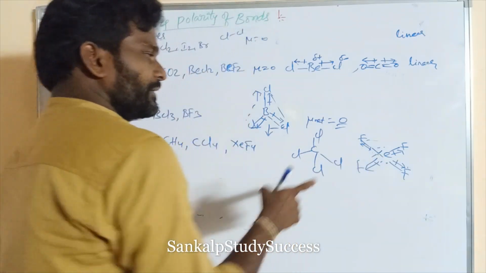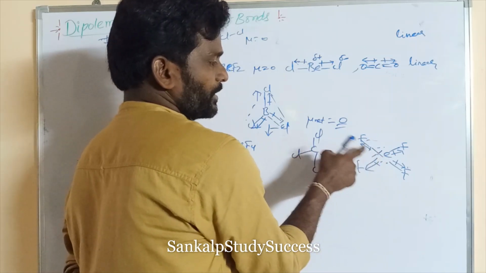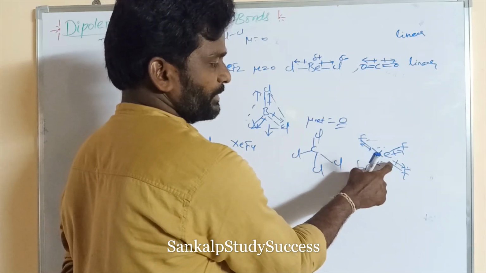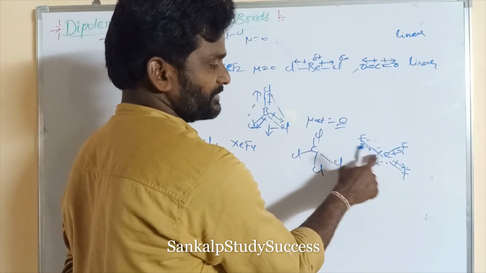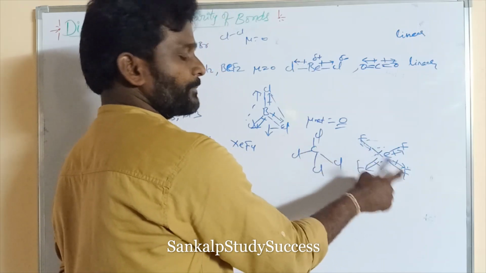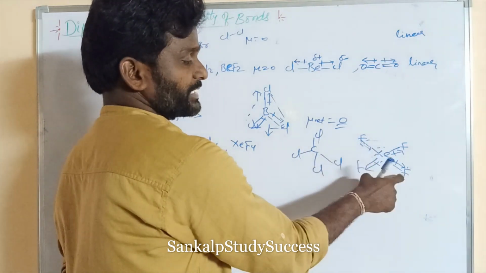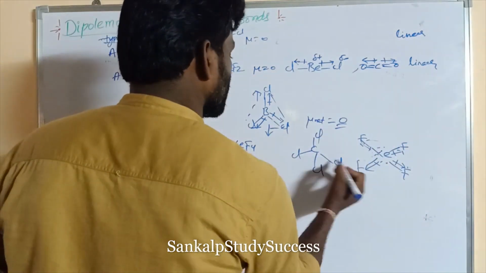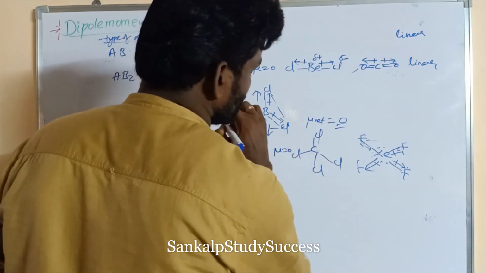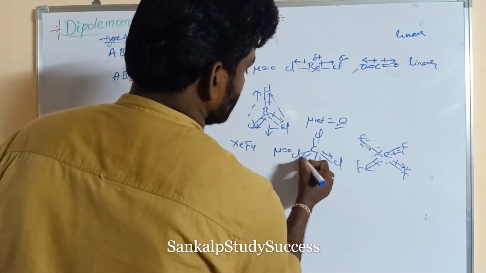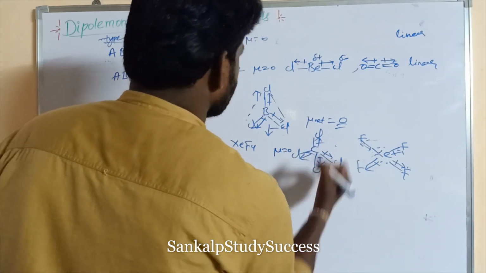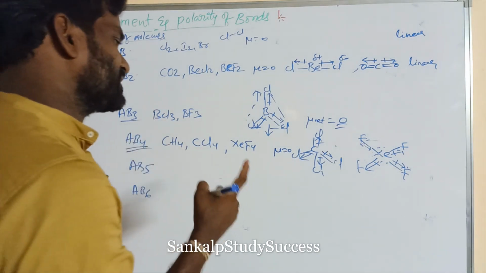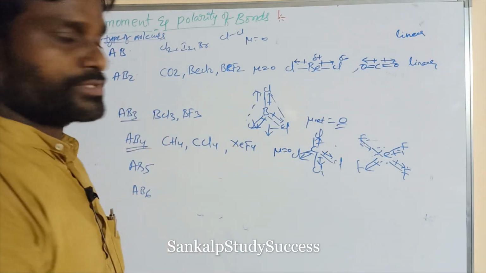The dipole moment of the Xe-F bond, and these two, the dipole moment of the Xe-F bonds are the same, and these two are present in opposite directions. So the dipole moments cancel each other. Similarly, the net dipole moment of this molecule is equal to 0, mu is equal to 0. So the net dipole moment of AB4 type homoatomic symmetric molecules is 0.